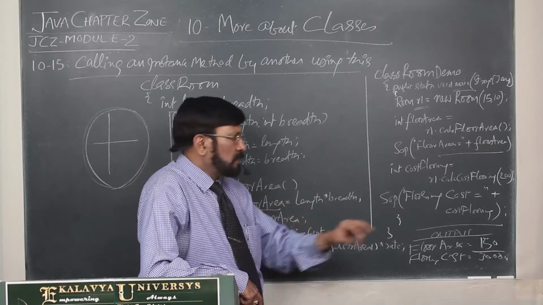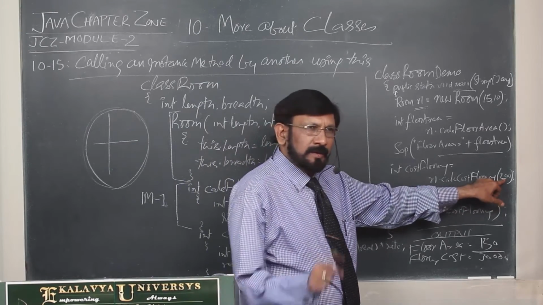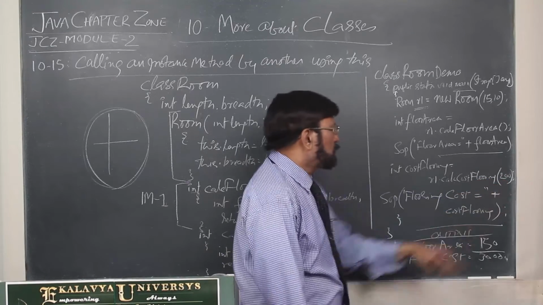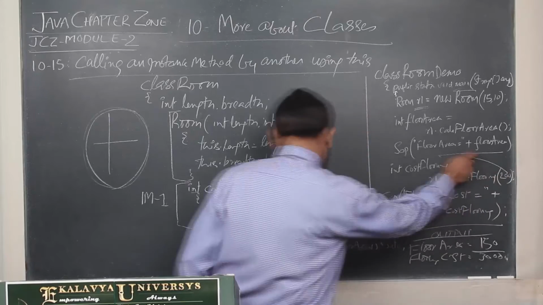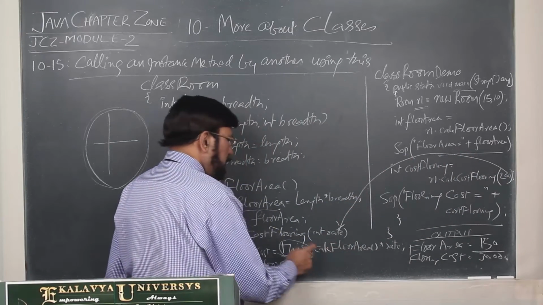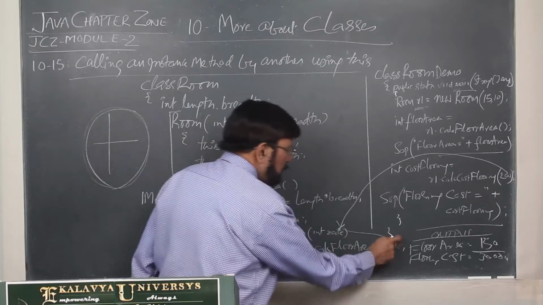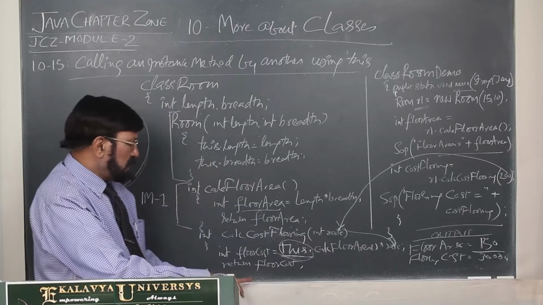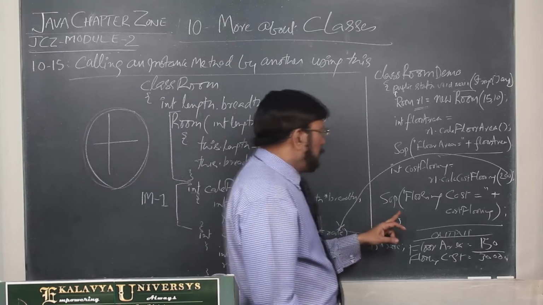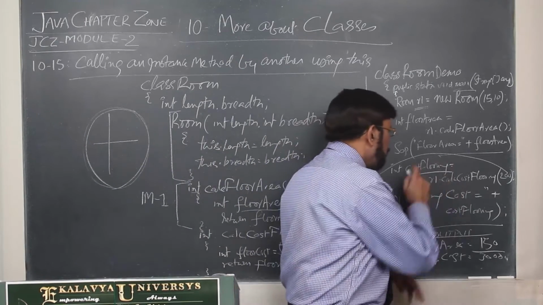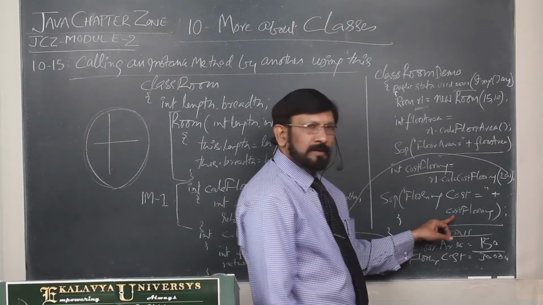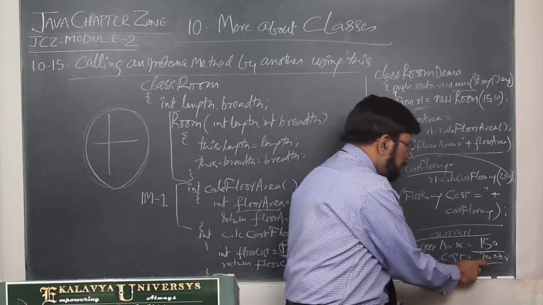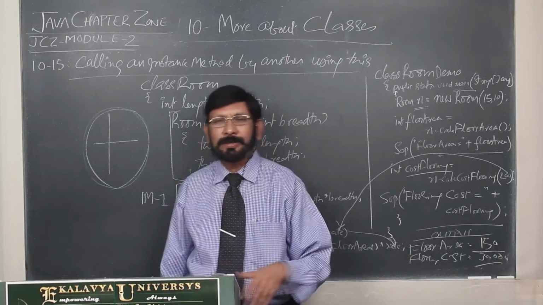What you have to pass is the rate of cost of flooring per square foot. That you have to pass. In turn, it goes here, and then the cost of flooring is calculated and returned. Then in turn it is initialized, and you are writing that. 150 into 20, you know that, 30,000 rupees is the cost of the flooring.